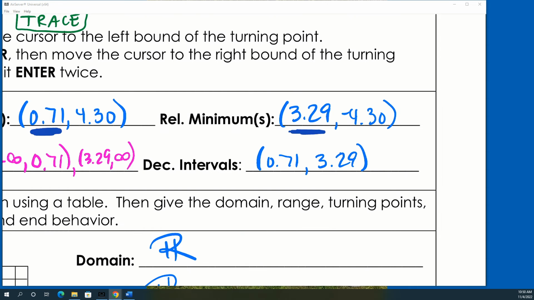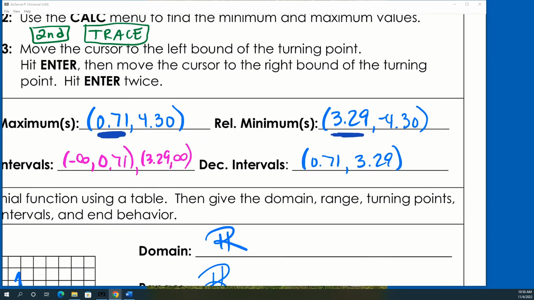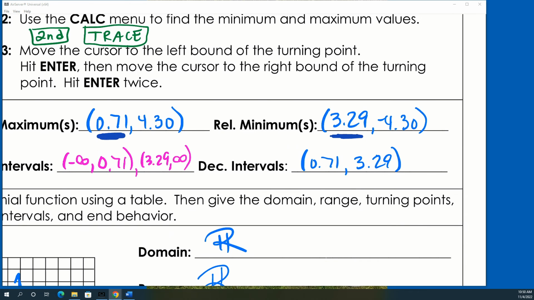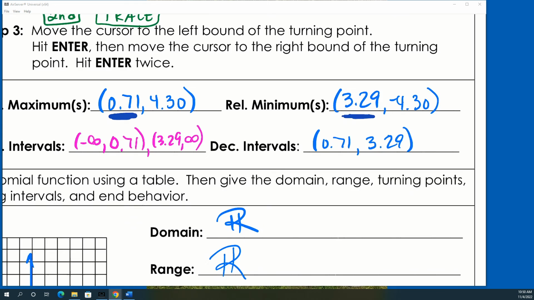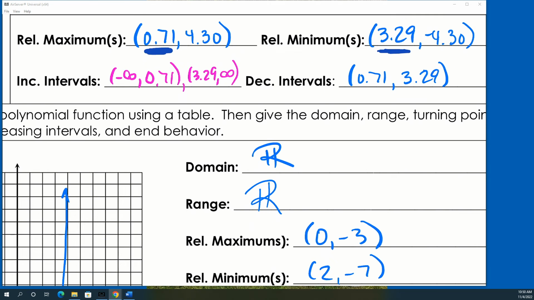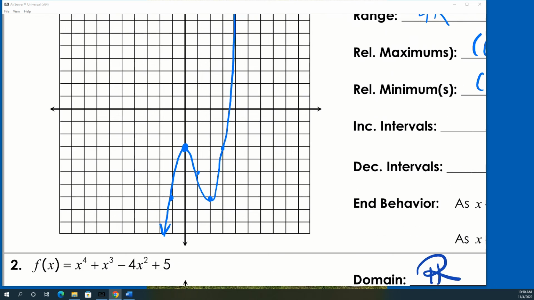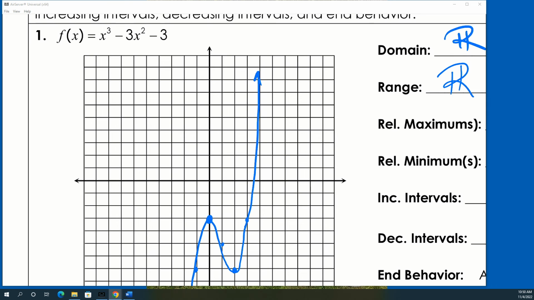All right, so you guys have pretty much done the work to get the maximum and minimum points. Now it's just like using those to do your intervals of increasing and decreasing. Now what people do wrong a lot is try to use the y. Please don't use the y today. No y's, only x's.